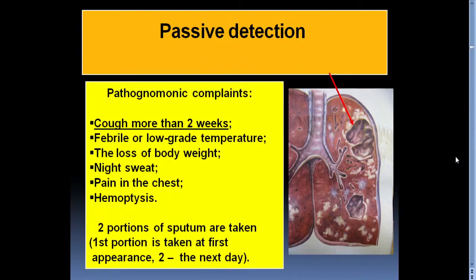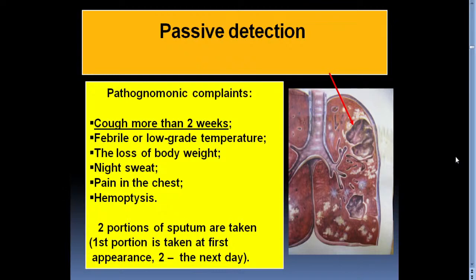Next, febrile or low-grade temperature is typical for patients with tuberculosis. The loss of body weight as a result of loss of appetite.